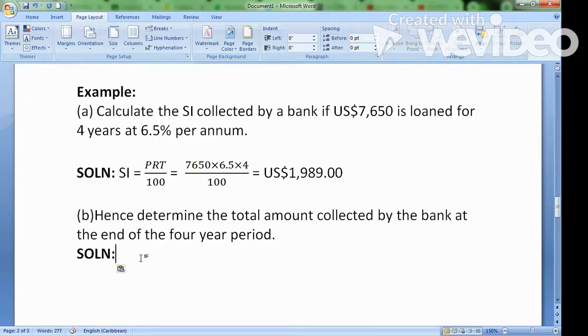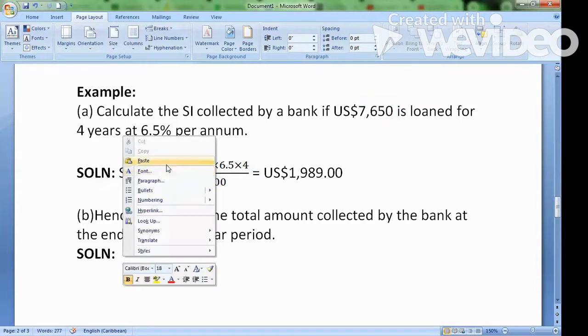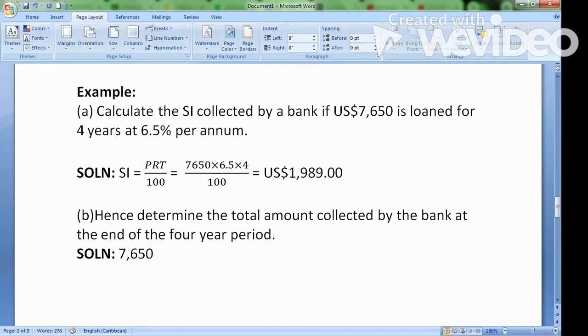Sir, are you going to be adding that money to what they borrowed from the bank? Makes sense. What does 1,989 represent? The interest, right, for the 4 years. So over the 4 years, the bank will charge this to the customer. But over the 4 years, the customer will also have to pay back the original money borrowed, not true?